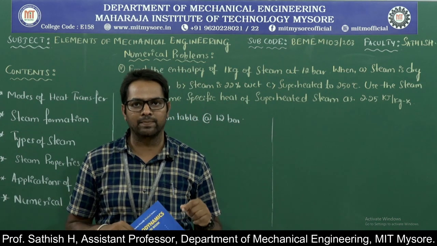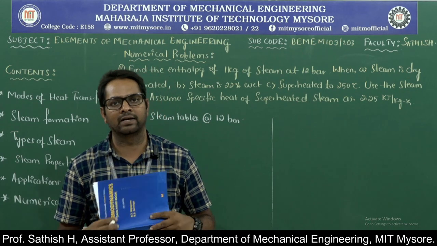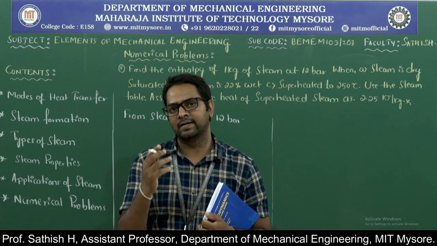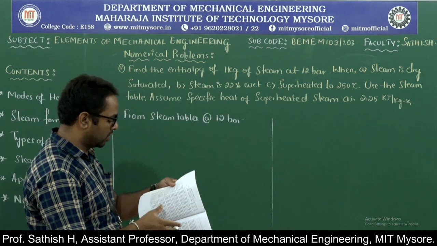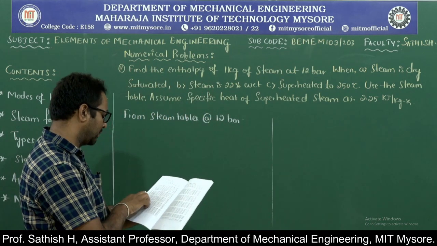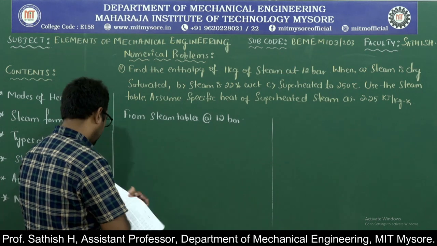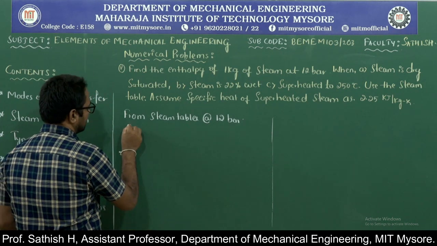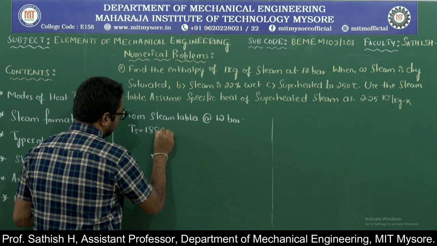One is the saturation temperature. What is the saturation temperature for that particular pressure of 12 bar? The other two are the sensible heat, that is hf, and hfg, that is the latent heat of evaporation. If I look at this steam table at 12 bar, I am getting the saturation temperature Ts equal to 188 degrees centigrade.